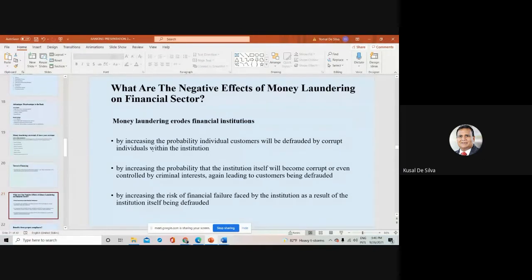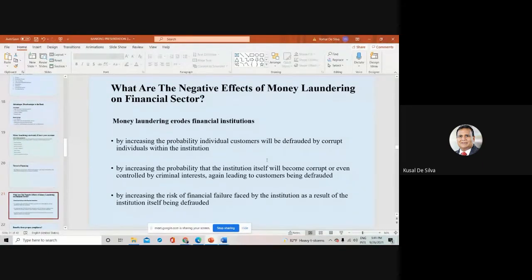By increasing the probability that the institution itself will become corrupt or even controlled by criminal interests, again leading to customers being defrauded. By increasing the risk of financial failure faced by the institution as a result of the institution itself being defrauded.